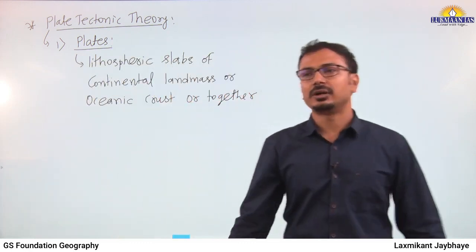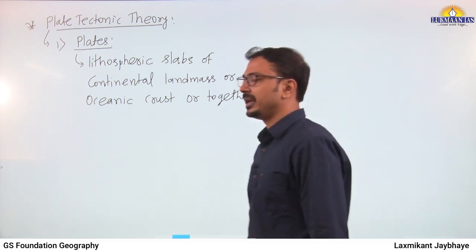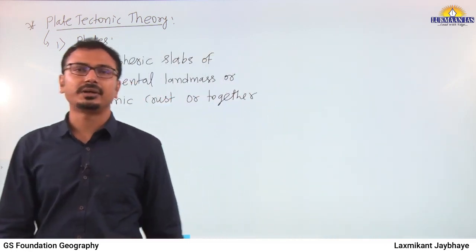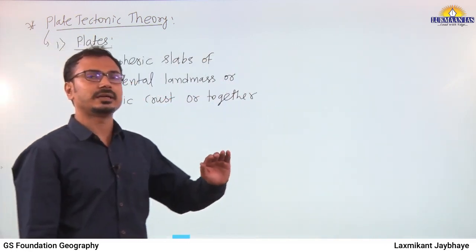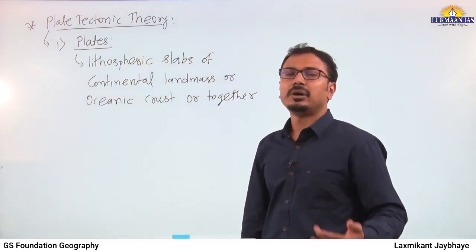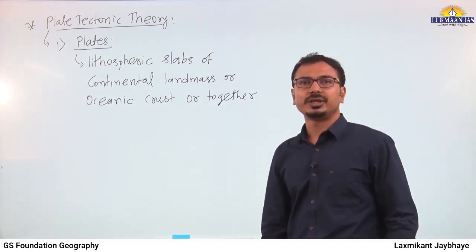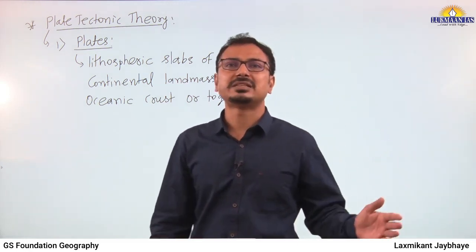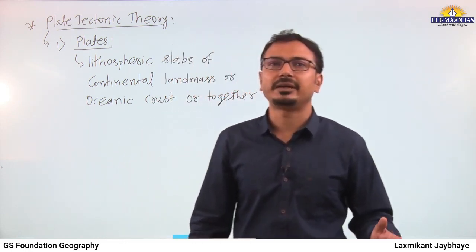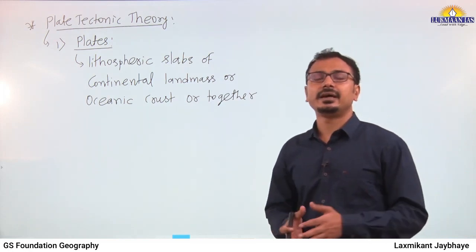So it depends on the majority of the area covered. Suppose the majority of the plate is covered by continental landmass, then it will be called a continental plate. Suppose the majority is covered by oceanic floor, then it is an oceanic plate. For example, the Pacific plate is an oceanic plate because the majority of the area is covered by oceanic crust.